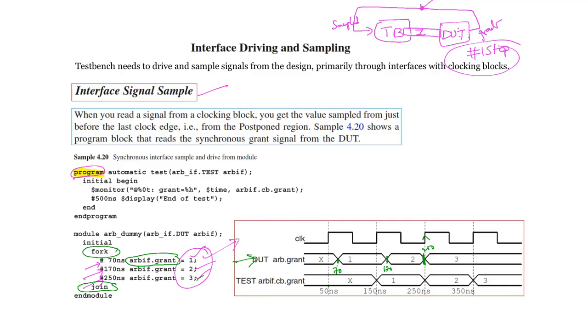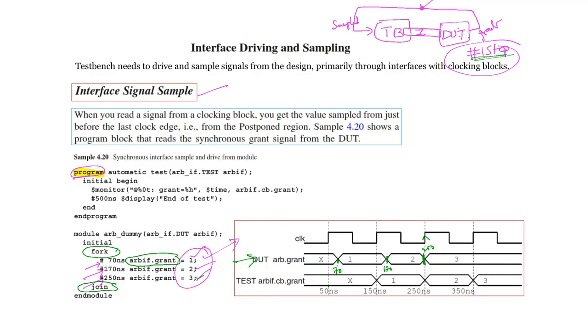If you connect a program block to test this, how is the program block going to take this grant signal as input? The program block has to sample these outputs, and sampling of these outputs is always done in the postponed region, after the #1 step.